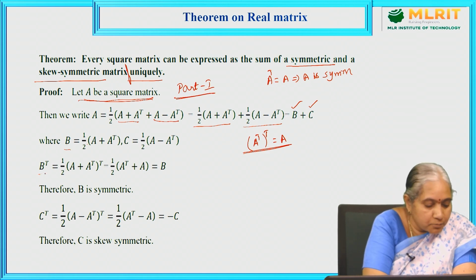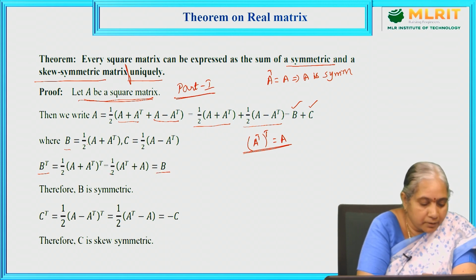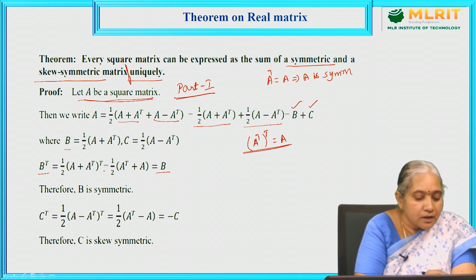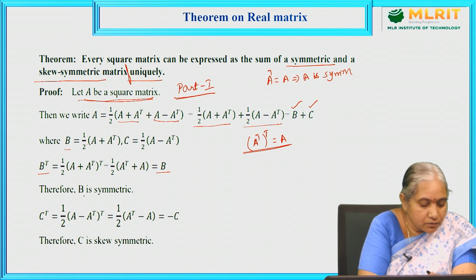So B transpose equal to B, that is 1 by 2 into A plus A transpose. So B is symmetric.